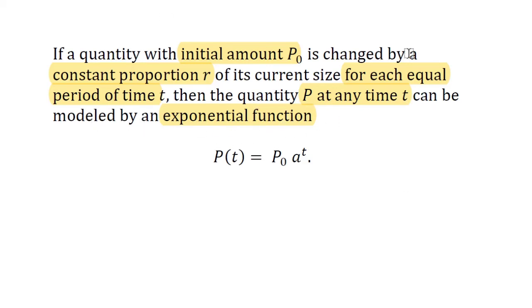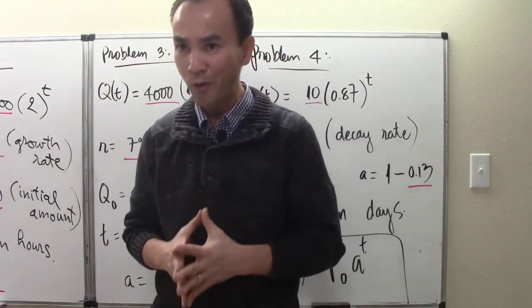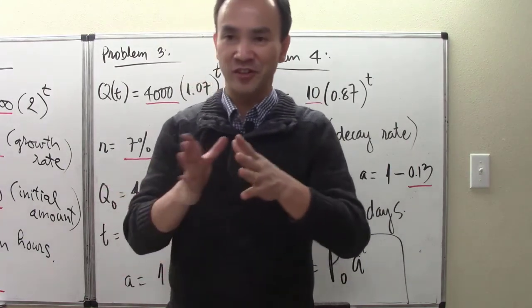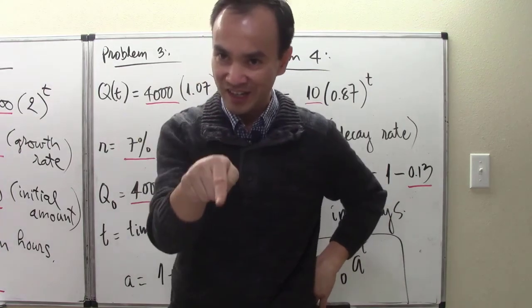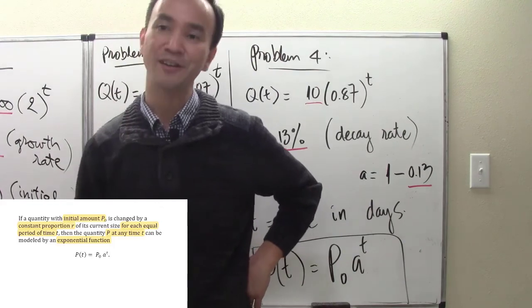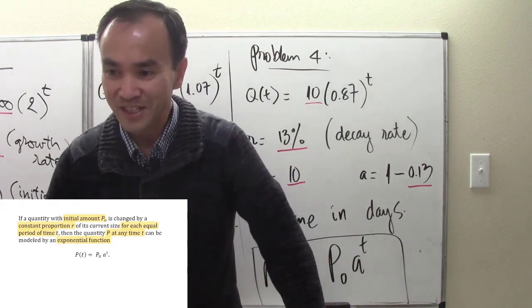So this generalization right here comes out to enforce that we will always have exponential functions serving the purpose to model these quantities that are changing according to the description that's given in the corner of the screen. Okay, and now let's look even further.